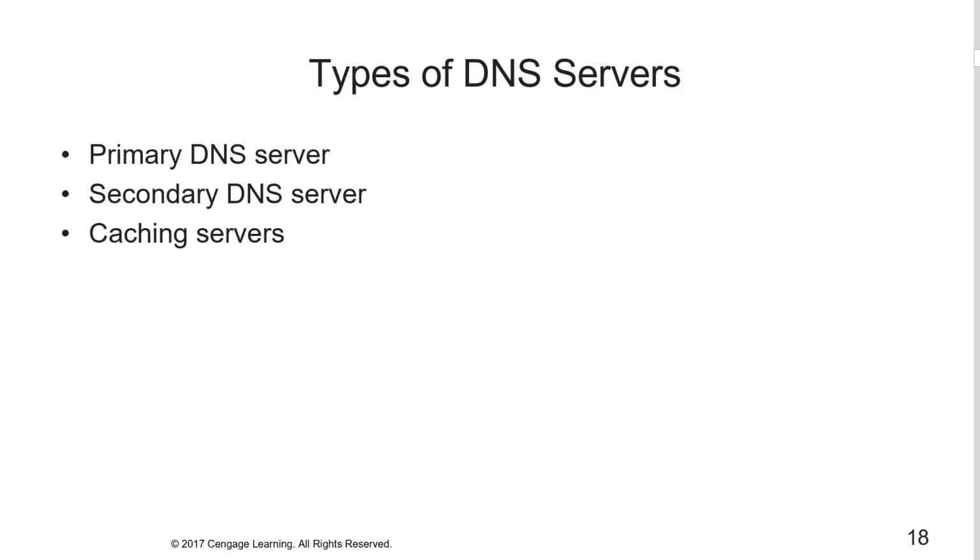A primary and secondary server refer to a type of zone. A DNS name server that holds primary zone files, and they're updatable, is the primary server for that zone, the primary authority for that zone. The DNS name servers that hold secondary zone files, they're read-only, and they're the secondary servers for the zone. So you go to the primary first.